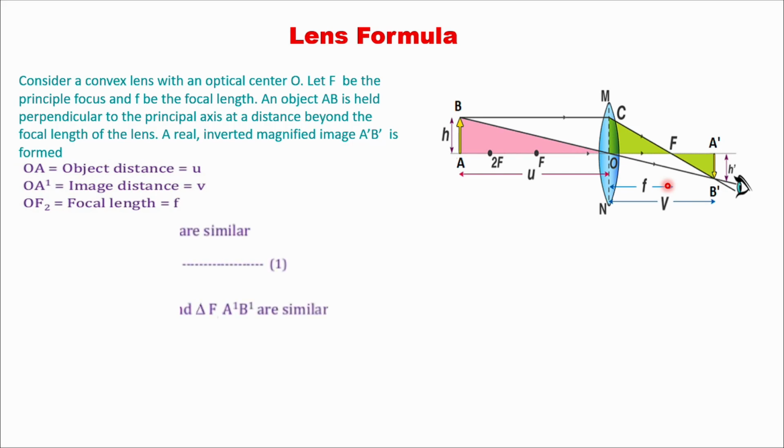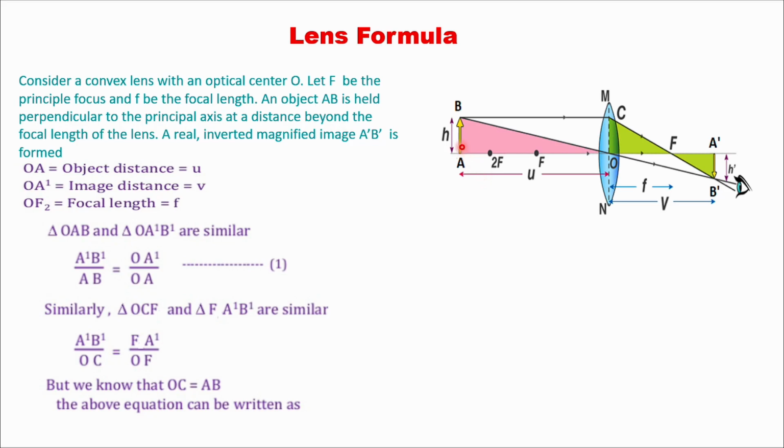Now how to derive this one? Just observe here. Let us consider triangles OAB and OA dash B dash. These two are similar triangles. Therefore, A dash B dash divided by AB equals OA dash divided by OA. Similarly, let us consider this one, OCF and FA dash B dash.